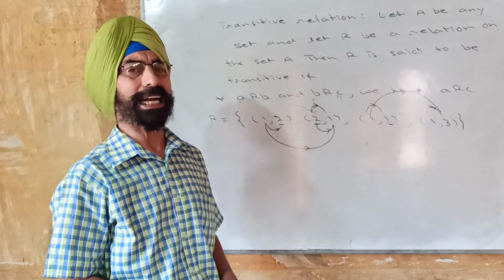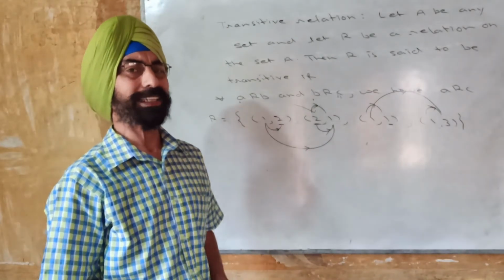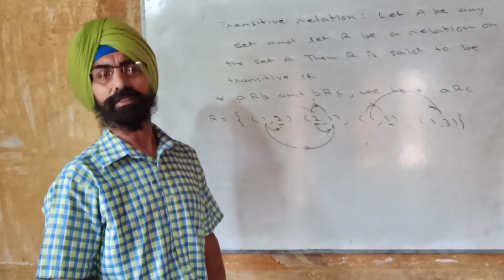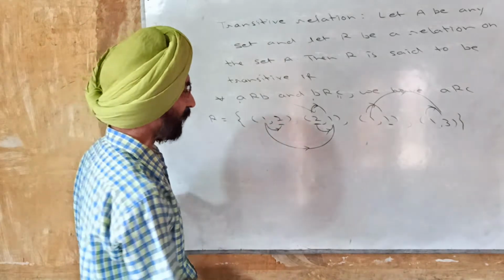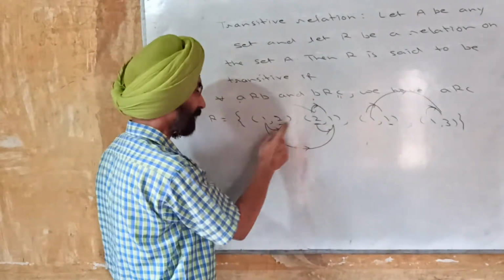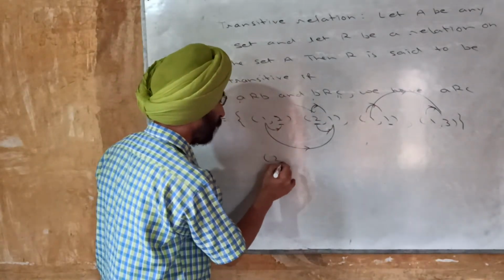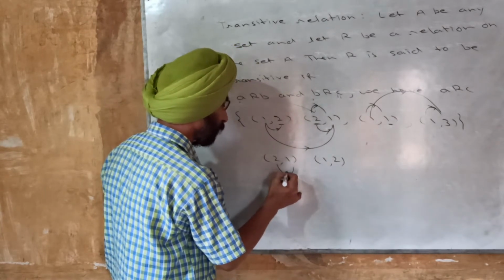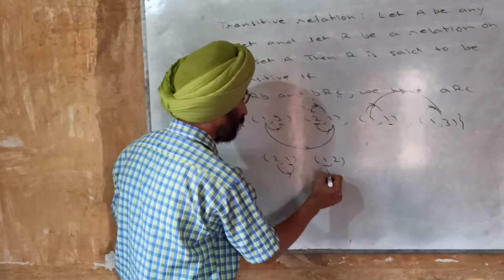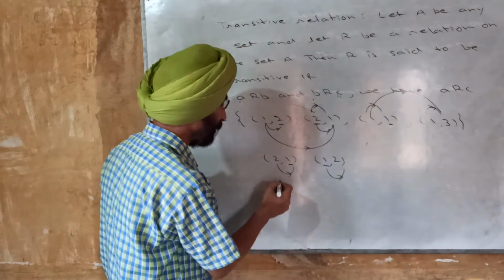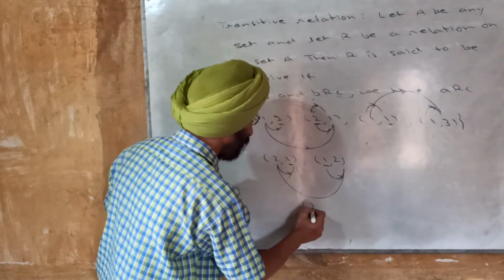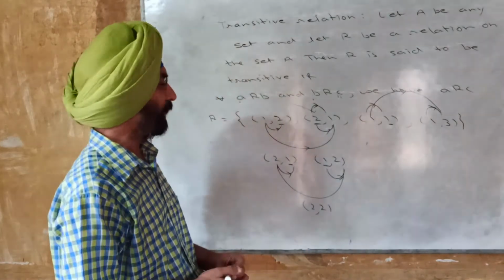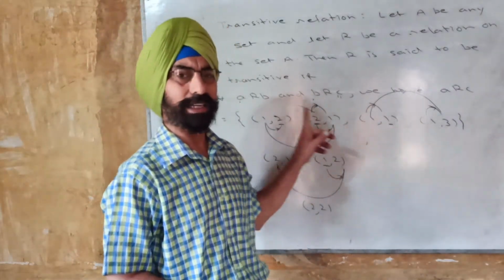So it seems that it is transitive, but no, it is not transitive, because we will have to see otherwise as well. If I write this element first and this second, so what is going to happen now? (2,1) and (1,2). This 2 is related to 1 and the same 1 is related to 2. That means (2,2) must also be there, which is not present over here.